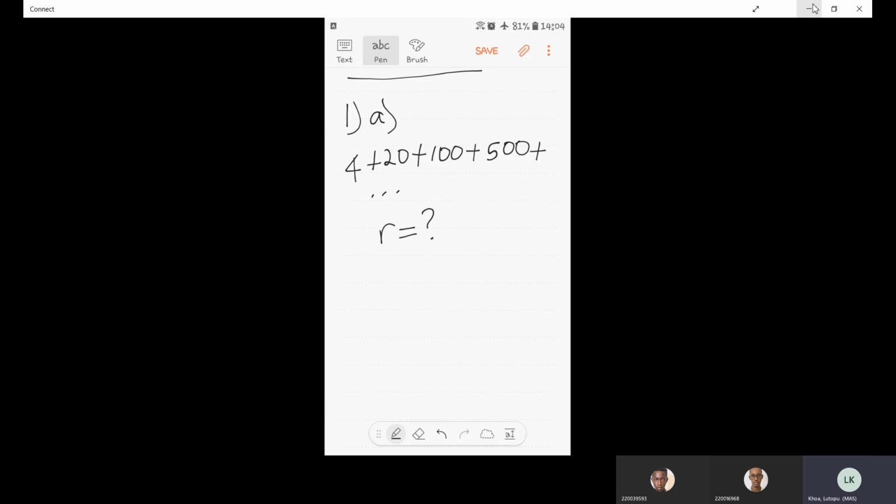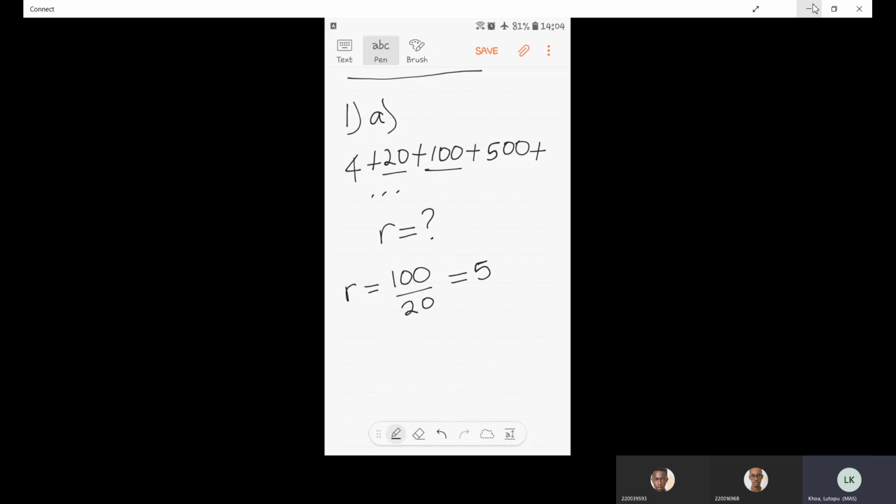You take any two consecutive terms and then say the one that comes later divided by the one that comes before it. So I can say R is equal to 100 divided by 20. This is equal to 5.